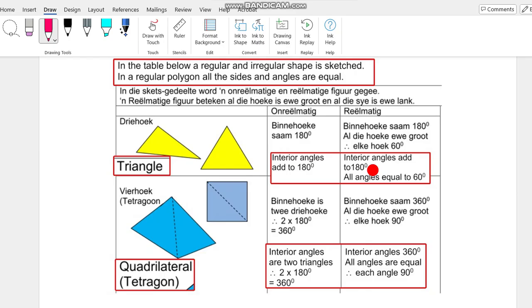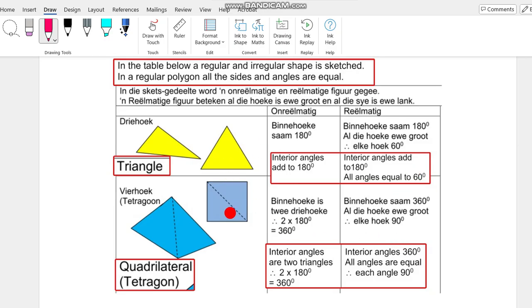Any type of quadrilateral should have 360 degrees of co-interior angles. But you can't tell me how much each one is because the sides are not the same. So we don't know what the angles are. We can only tell you there's 2 triangles involved, and there's 360 degrees for all of them together.